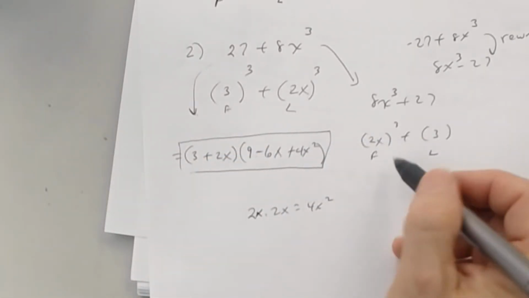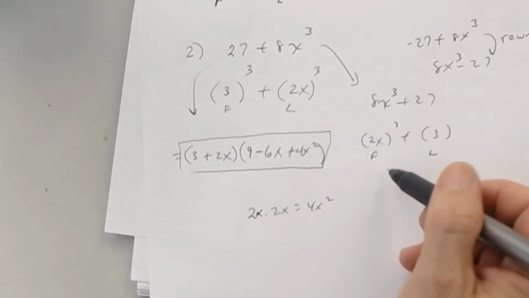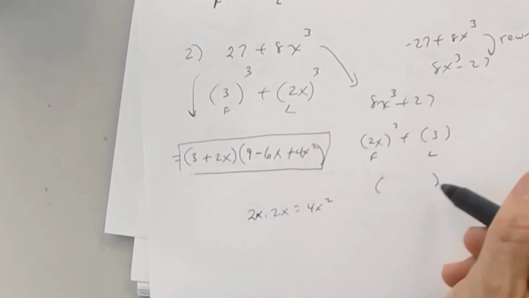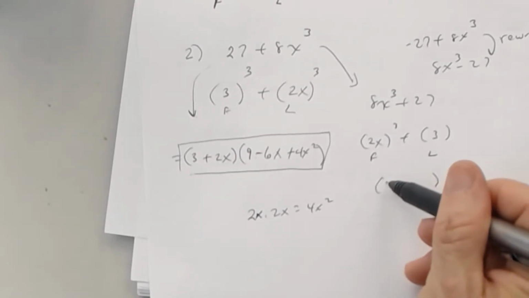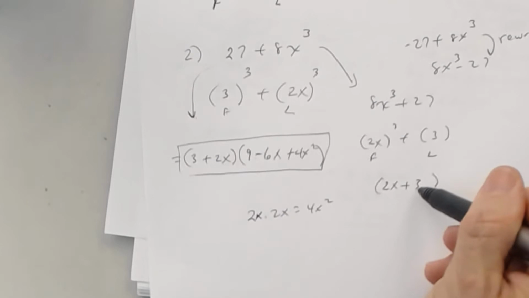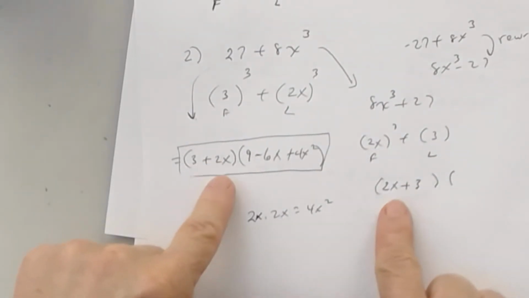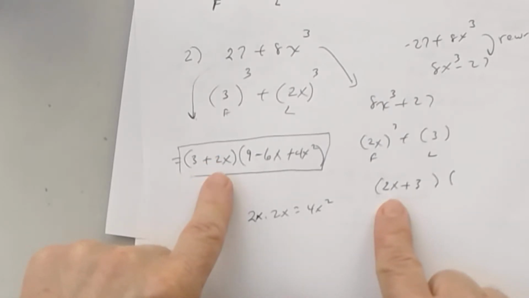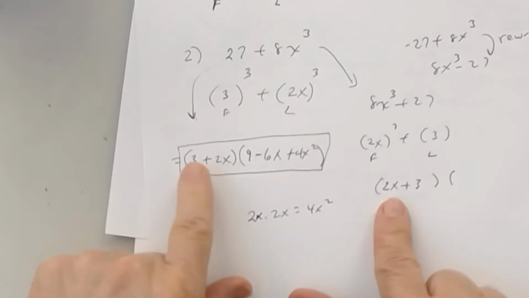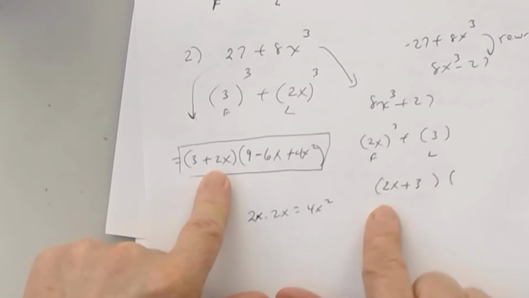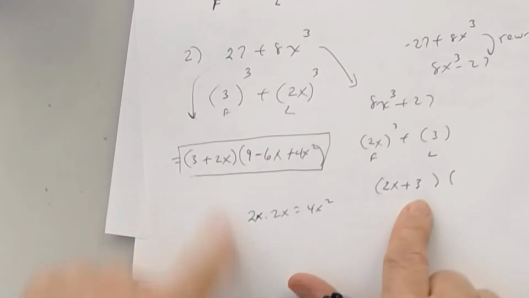Okay? If I had done this one, what's your binomial? 2x plus 3. Times, now, do y'all know that these two binomials I'm pointing to are exactly the same, right? Because remember, addition is commutative. The order in which you add does not matter. 3 plus 2x is the same as 2x plus 3.